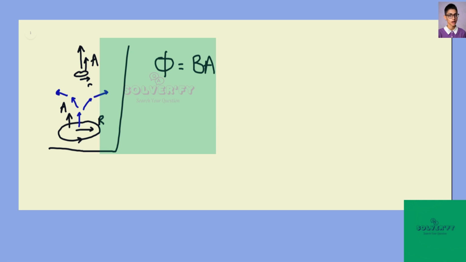And so to get the flux, we need to evaluate B and A. B is given by the equation that they refer you to. The magnetic field due to this bottom loop for positions far away is mu naught times the magnetic dipole moment of the bottom, which is IA, and this area is pi R squared.